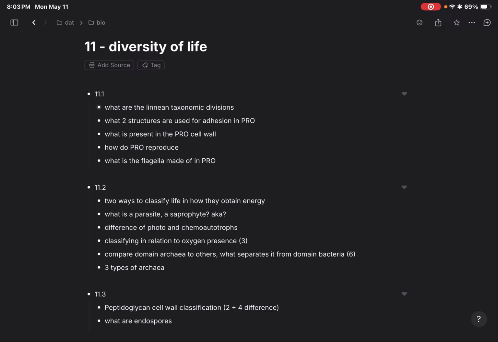What are the two structures used for adhesion in prokaryotes? It says pili and fimbriae.